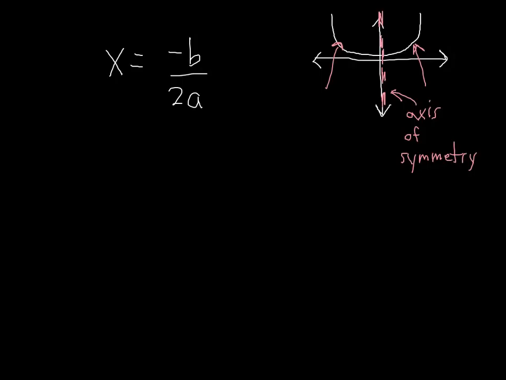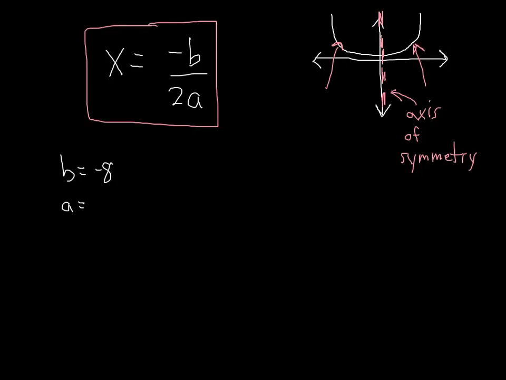So to find the axis of symmetry for any quadratic equation, we take x is equal to negative b divided by 2a. For this case, we already found what a, b, and c were. I'll just remind you that b was equal to negative 8, and a was equal to 1.